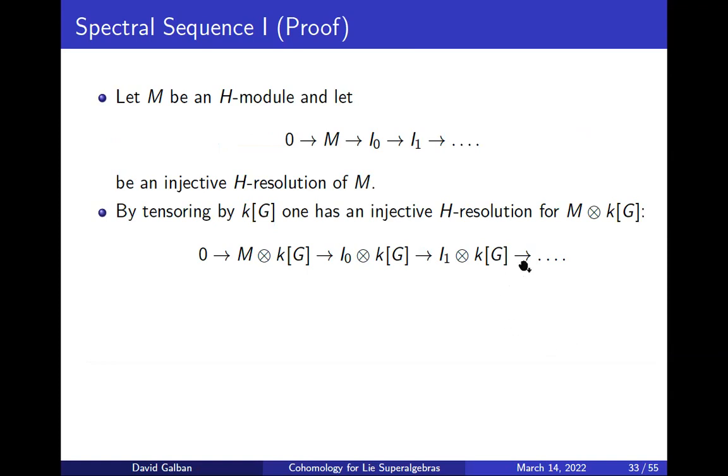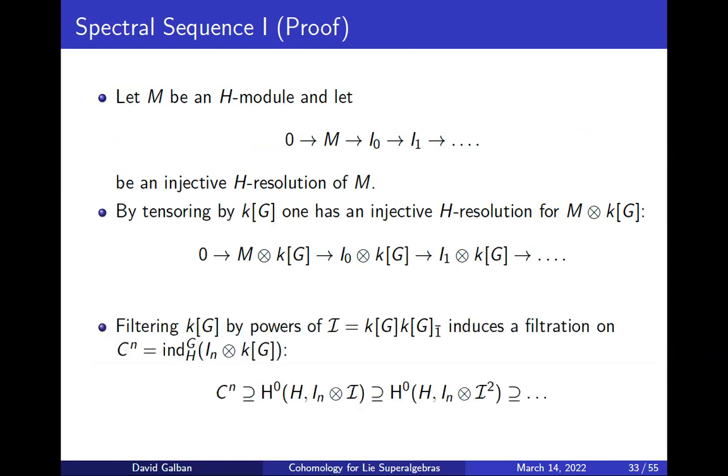And that's going to be as follows. Now we can filter KG by powers of this subgroup I, which is just equal to KG times the odd portion of KG. And this is going to induce a filtration on these C^n groups, which are going to be the induction from H to G of I^n tensored KG. And so we're just going to obtain a filtration of C^n like that.